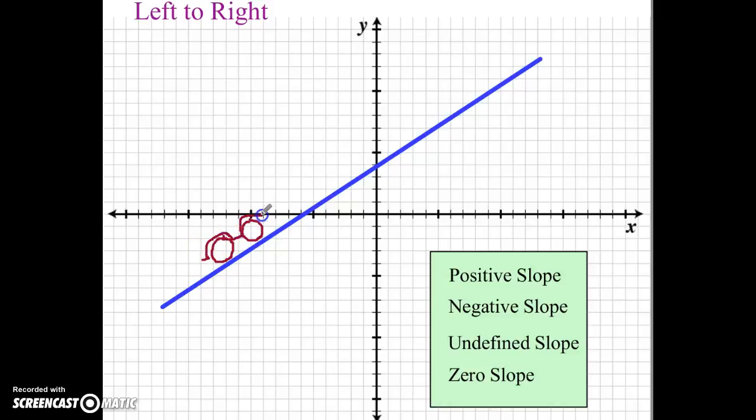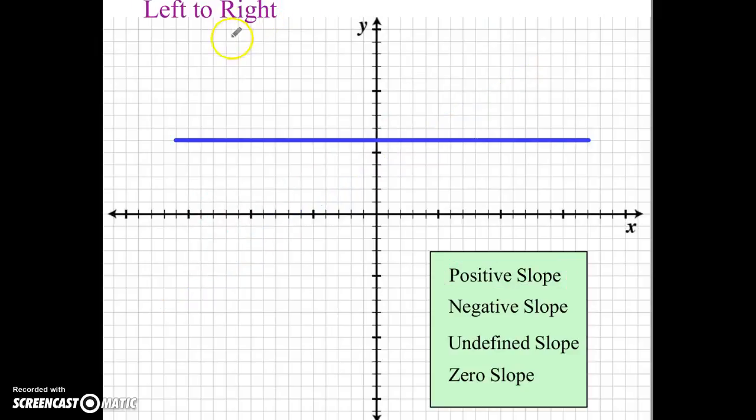If we're traveling along this line, this is going to be uphill. If I'm going left to right, I'm traveling up this line uphill. So this would be a positive slope. We are increasing or going higher on this line. So this would be a positive slope, going from left to right, car going uphill.